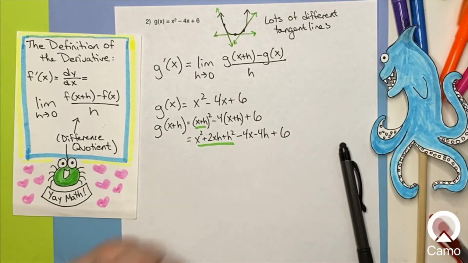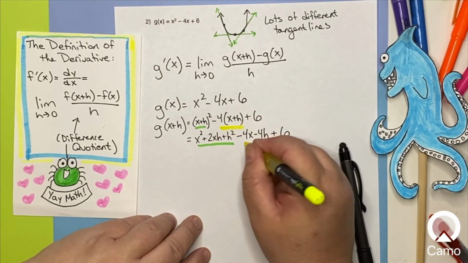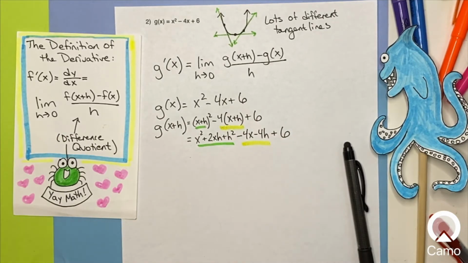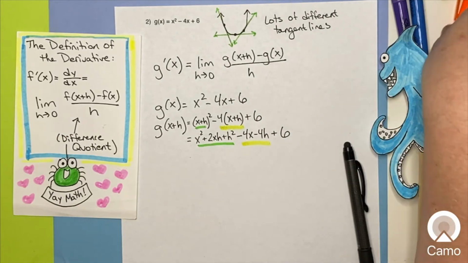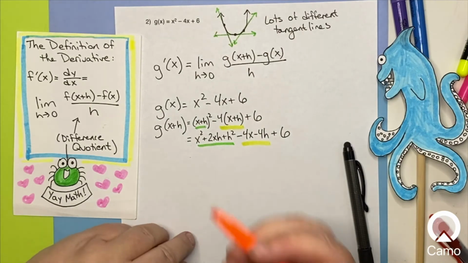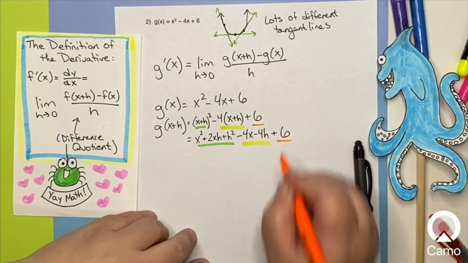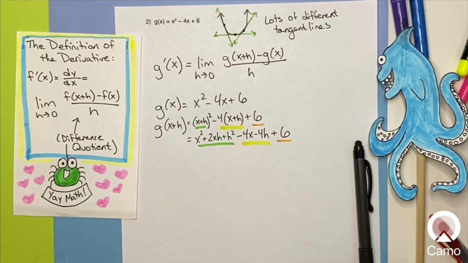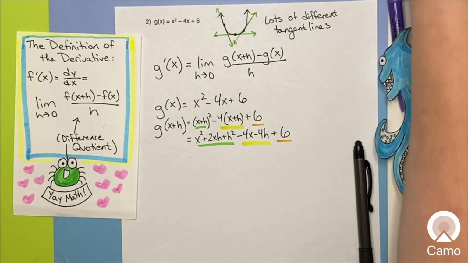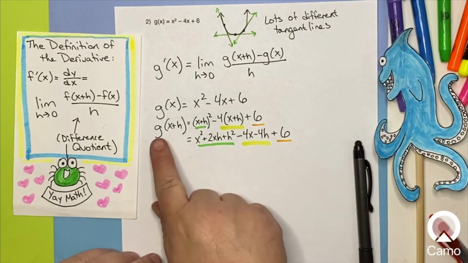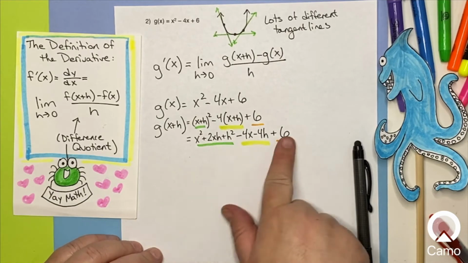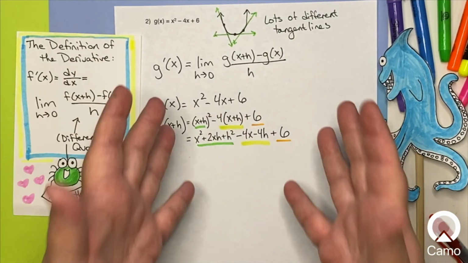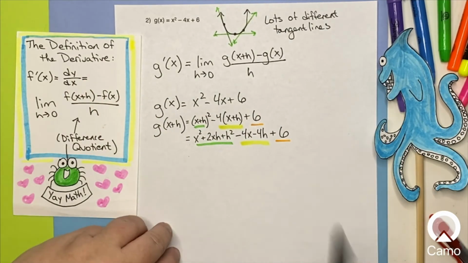Notice that this is not just take g of x and add an h on the end. Oh my gosh, that would be amazing if it were that simple, but it is not. Okay, there's our 6 that hangs out there. So you see it's got multiple parts. Generally speaking, when you multiply out here, this will usually not simplify at all. It's just going to get really big, and we just got to deal with it.